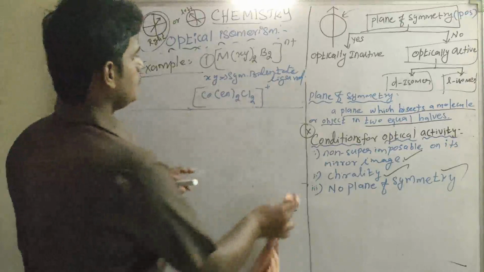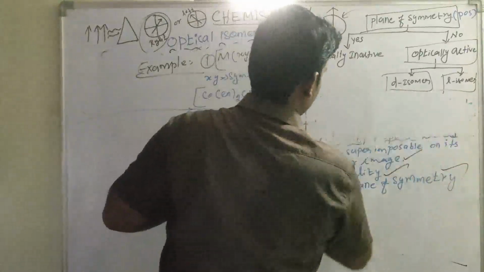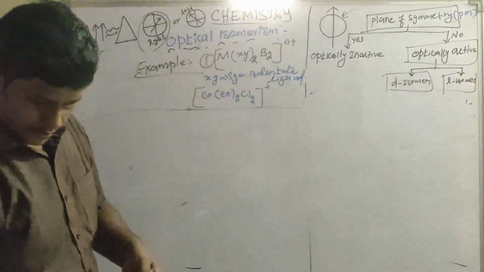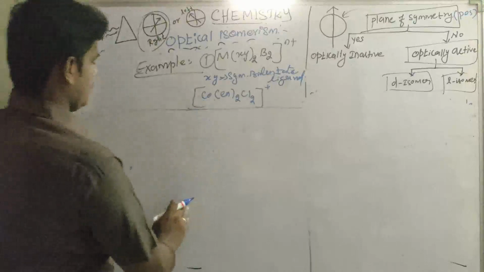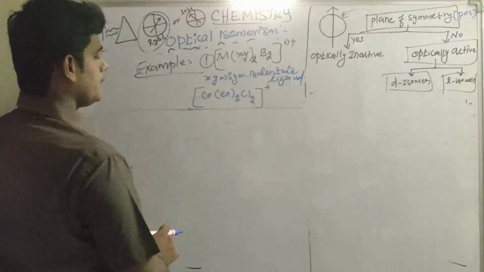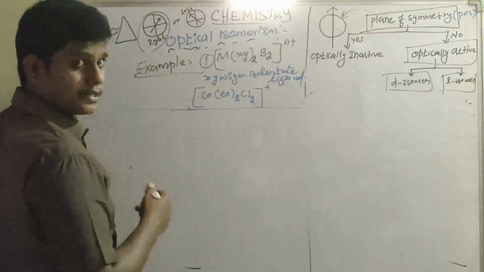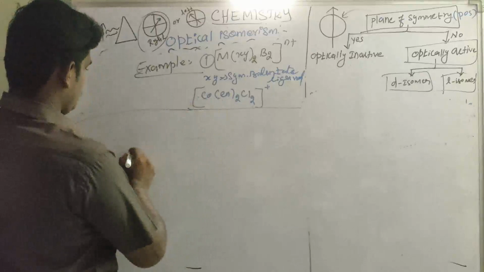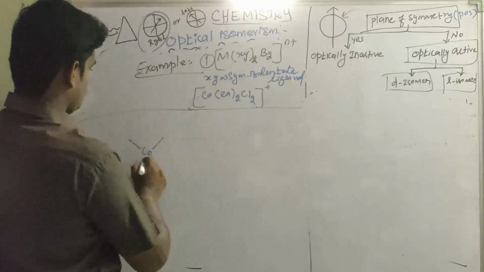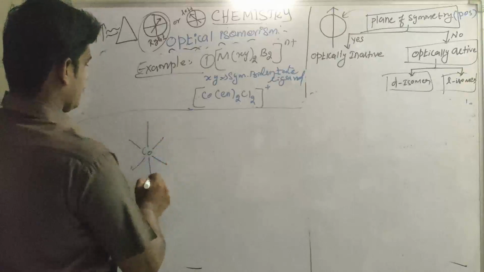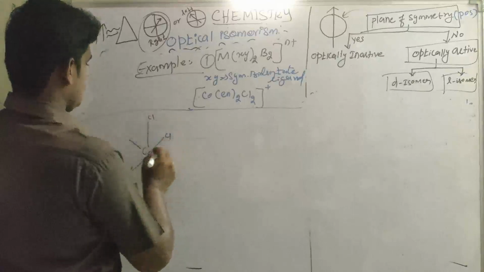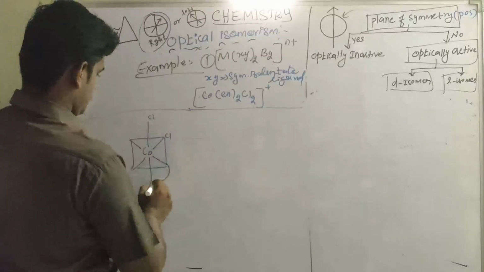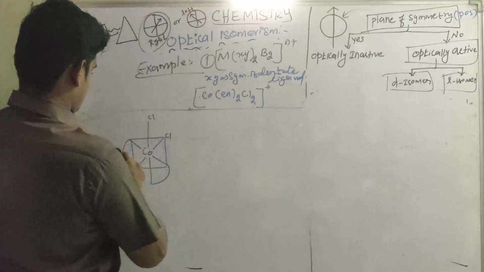Okay. I can write, for the central atom cobalt, Co(en)2Cl2 exhibits geometrical isomerism, cis and trans. Suppose I write the first geometrical isomer: this is cobalt, this is an octahedral complex, this is Cl, this is en. It is called a cis isomer. Another one: cobalt, Cl, en.